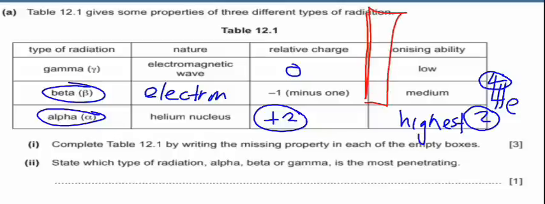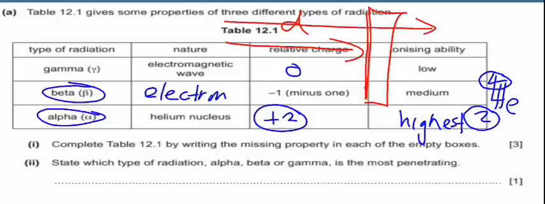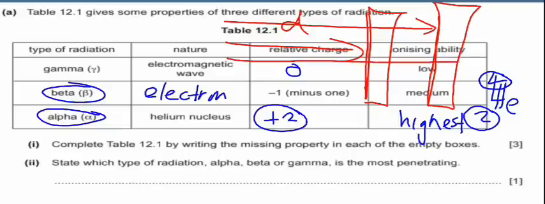So as for the alpha radiation, it can be stopped by a sheet of paper. Then the gamma radiation can be stopped by a sheet of aluminium. Then the beta radiation can be stopped by a sheet of lead.